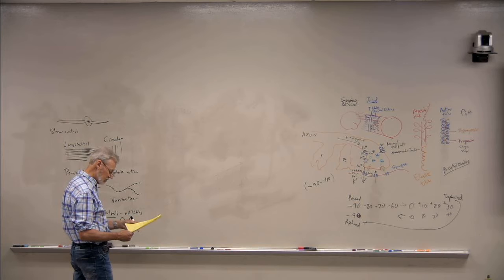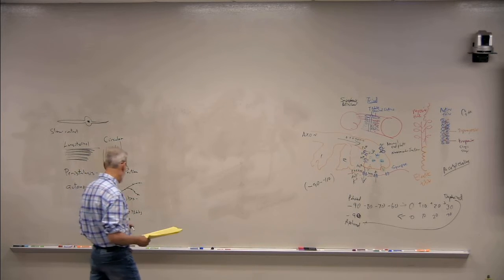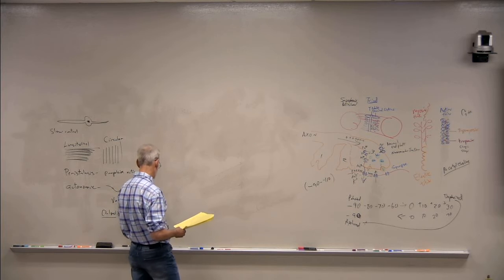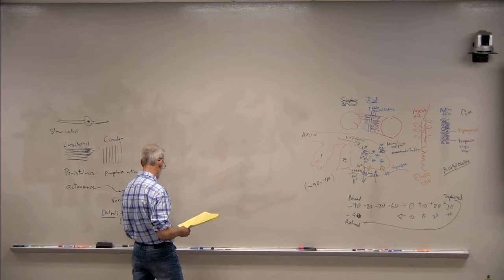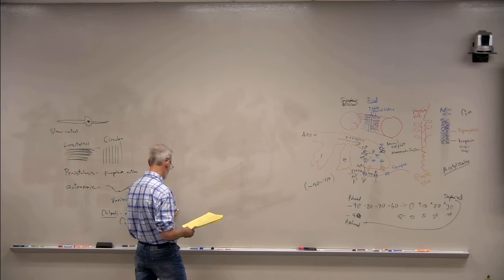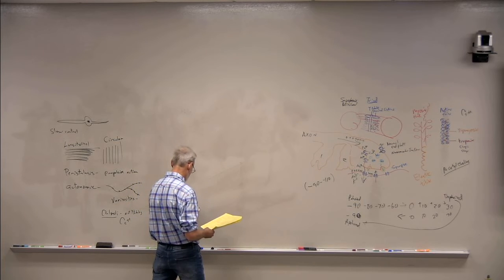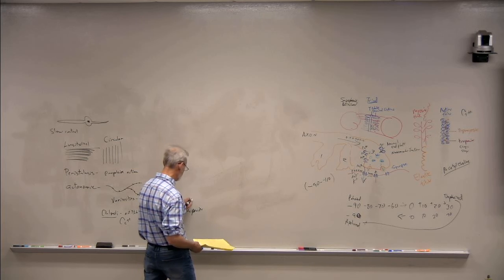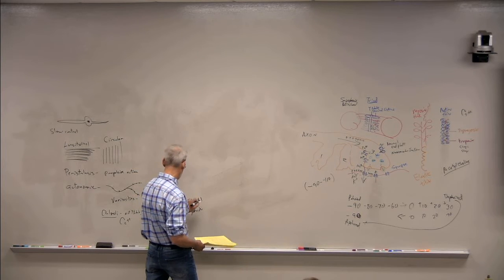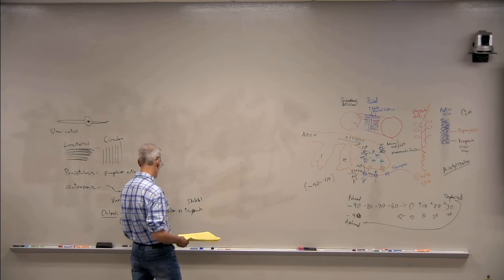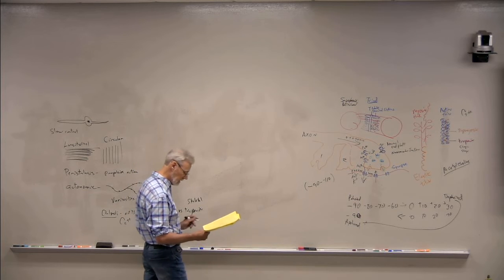So pouches instead of T-tubules, right? And instead of troponin, it's called calmodulin versus troponin. Remember, troponin is skeletal muscle, and calmodulin is in smooth muscle, right?